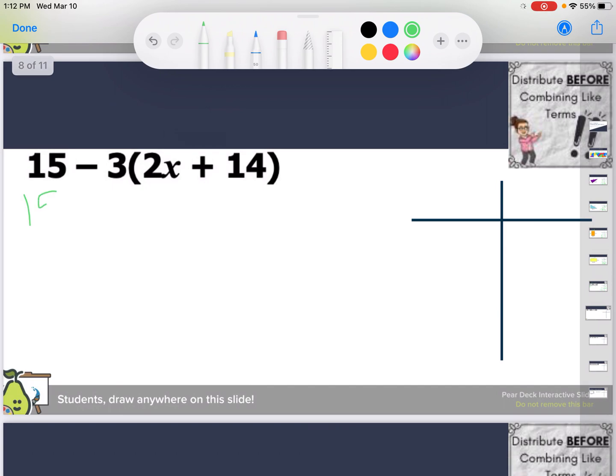So I bring down the 15 because I'm not doing anything to it. I have to distribute first. So I get negative 6x, and then negative 3 times 14 is going to give me 42, and it's going to be a negative 42 because 3 times 14 is 42, and a negative times a positive is a negative.